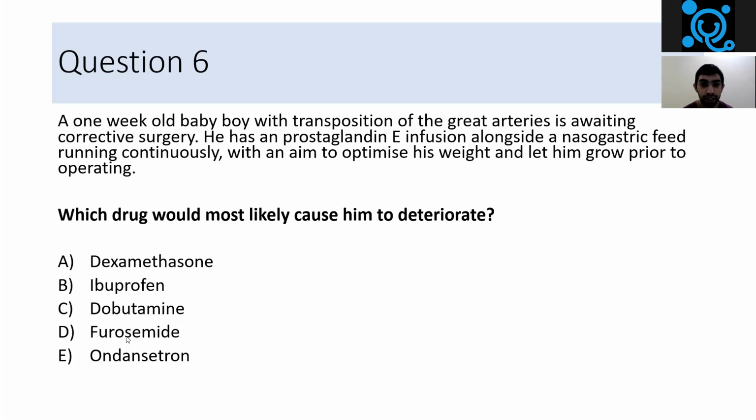Furosemide as well might be useful in this child if they, once again, go into heart failure and need to offload fluid. And then ondansetron, it'd be unlikely for you to be giving ondansetron to a baby, but there is no reason why this in particular would jeopardize their condition. So the best answer is ibuprofen.